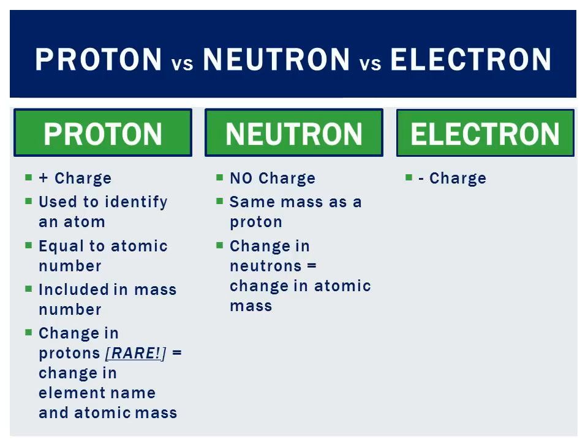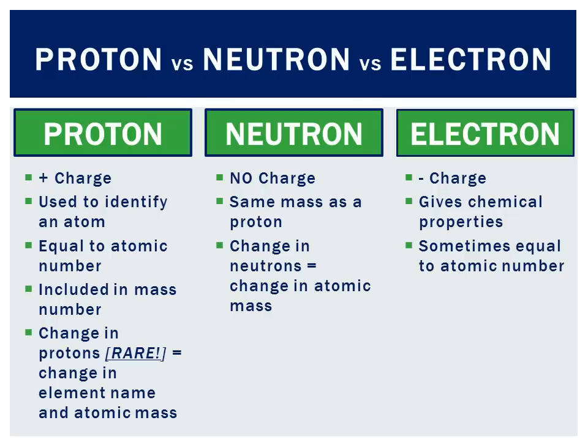Electrons. Electrons are negative, like we talked about, so there's the core of protons, which is positive, and there's the cloud of electrons, which is negative. It gives the element its chemical properties. We'll talk much more about this through the rest of the unit. It's sometimes equal to the atomic number, but not always.